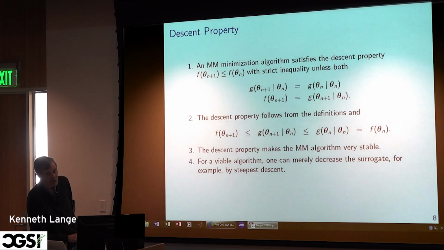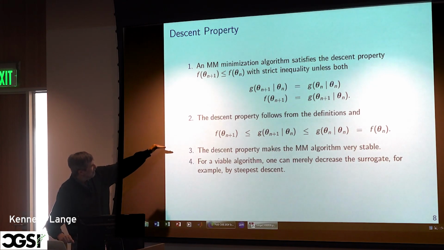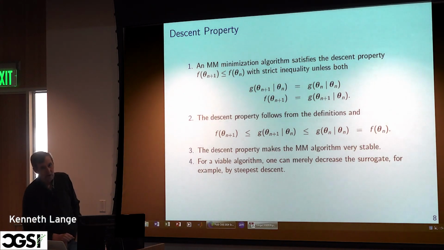That gives you the first inequality going from right to left. Now what this means is you don't actually have to minimize the surrogate. You still get this if you drive the surrogate downhill. And then the last inequality is majorization.